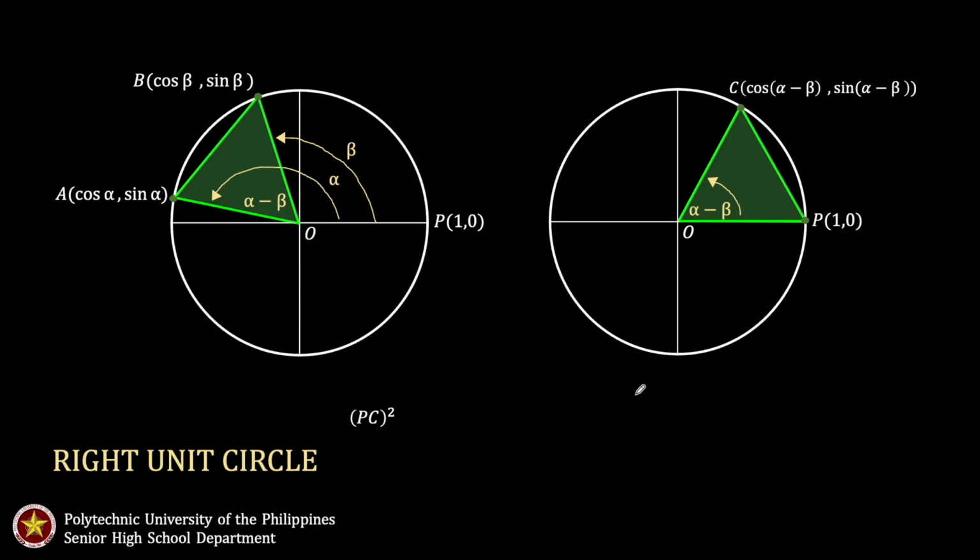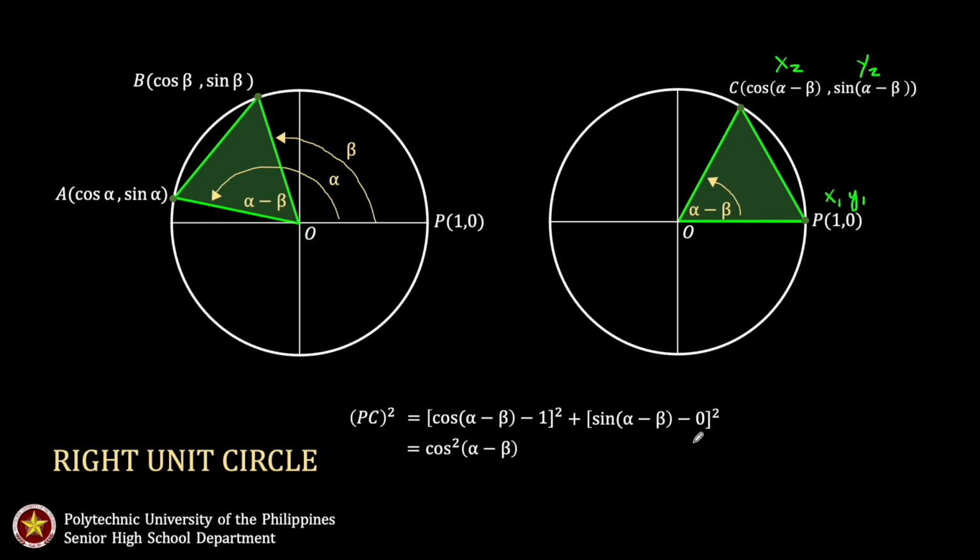On the right unit circle, we have PC. So on PC, using the distance formula, PC squared equals the quantity cosine of alpha minus beta minus 1, squared, plus the quantity sine of alpha minus beta minus 0, squared. If we treat this as x sub 2, this as y sub 2, and this as x sub 1 and y sub 1, you will obtain this.